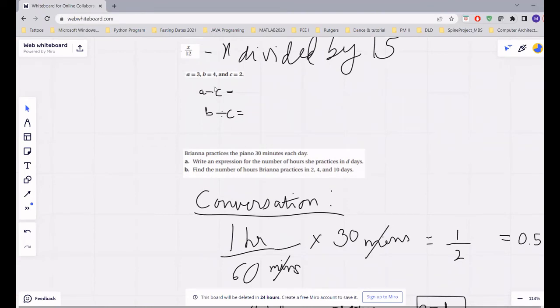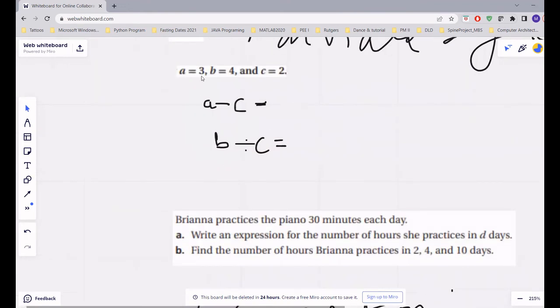Let's evaluate these two algebraic expressions. It's given that A is equal to 3, B is equal to 4, and C is equal to 2. So A minus C. Let's substitute the values first. So 3 minus 2 is equal to 1. And that's it.